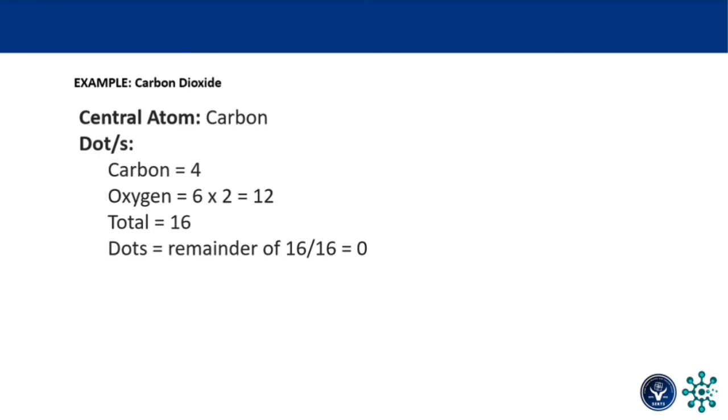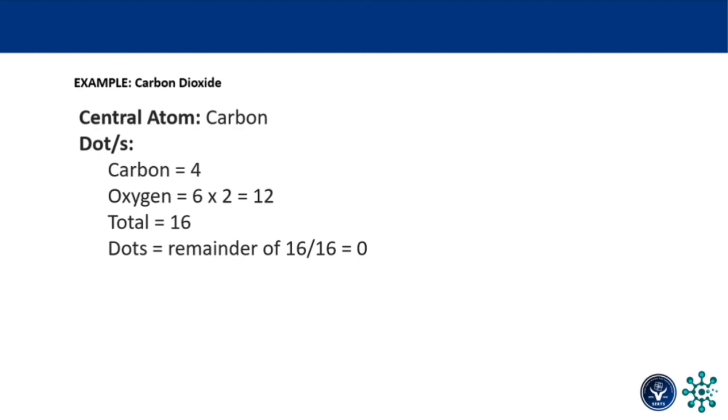The total number of electrons in the structure is 16. Now to get the number of dots, we will divide the total amount of valence electrons by the multiple of 8 nearest to the total, which is also 16. So 16 divided by 16 is 1. But again, the number of dots is dependent on the remainder. So the number of dots of the central atom would be 0.